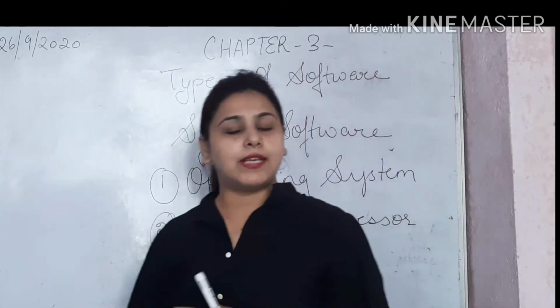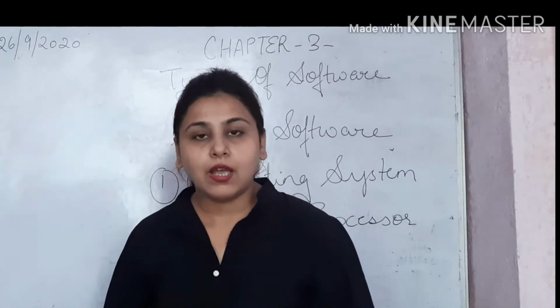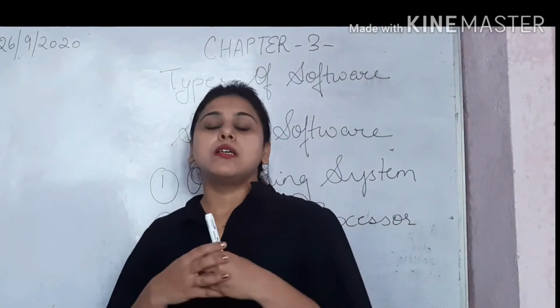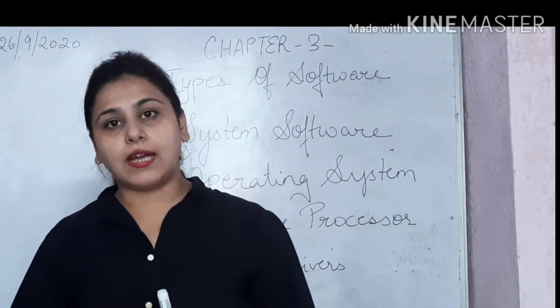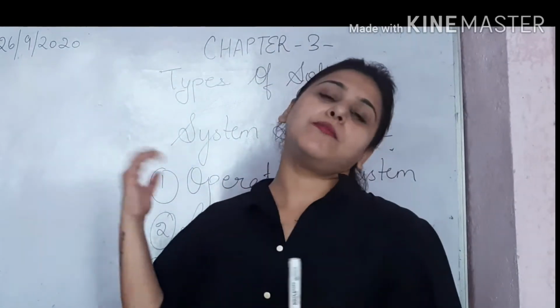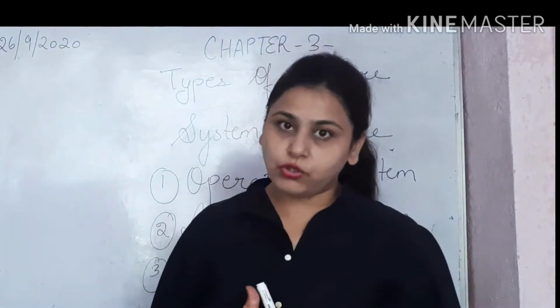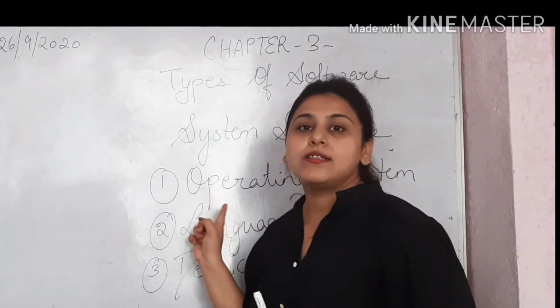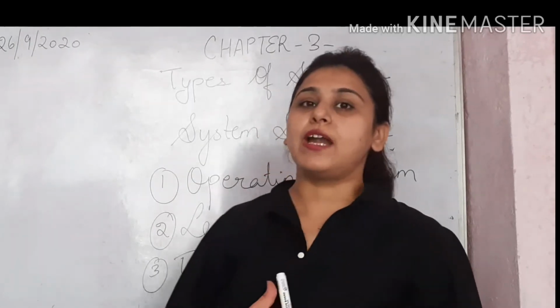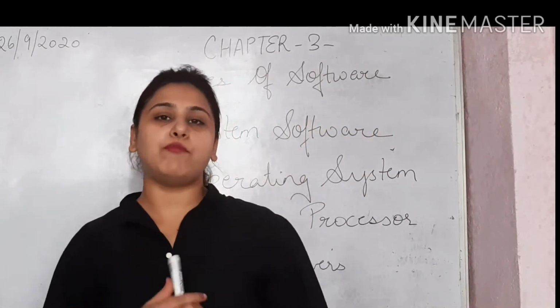As I said, it acts as a mediator which converts the English language into the form that the computer understands, and it converts the machine language into the form the user understands. So the operating system is the first program that is loaded in computer memory.